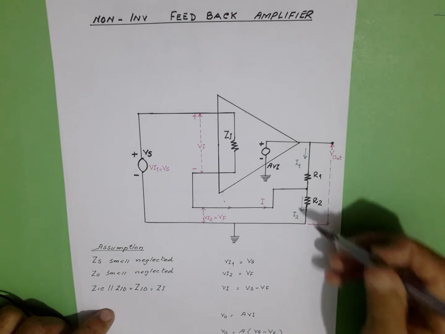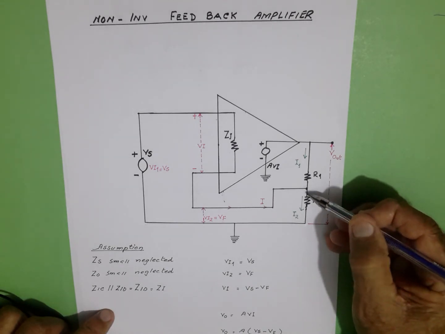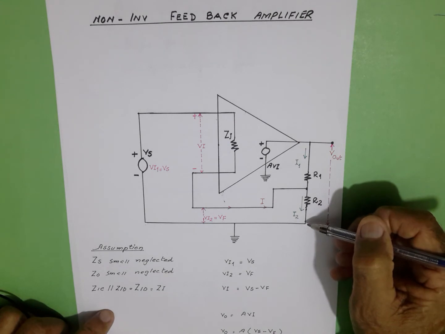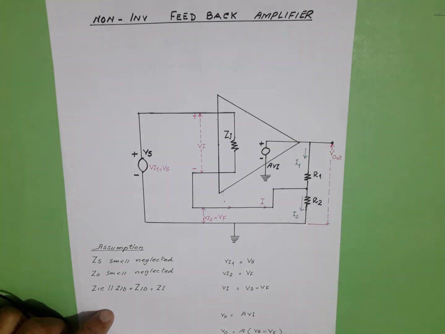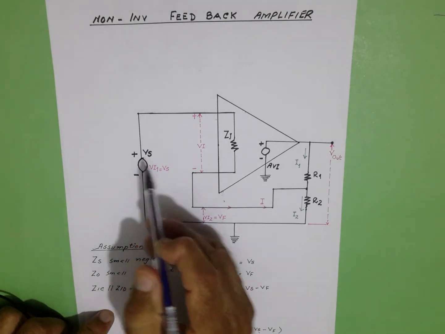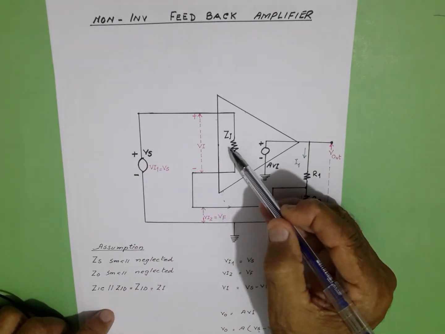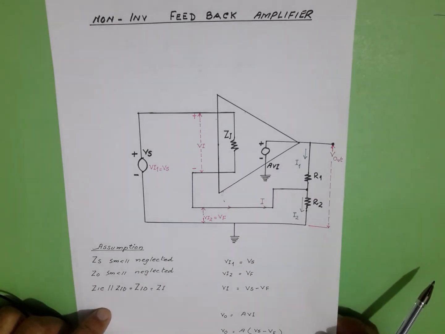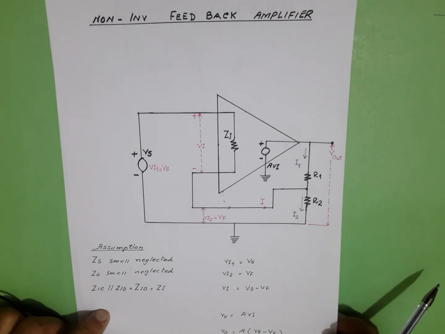When the output voltage increases, there is more voltage drop across R2 that subtracts from Vs. V naught is equal to A times Vs minus Vf. When Vf increases, it subtracts from this voltage, and the input across Zi decreases, and when the input decreases, the output is going to decrease.